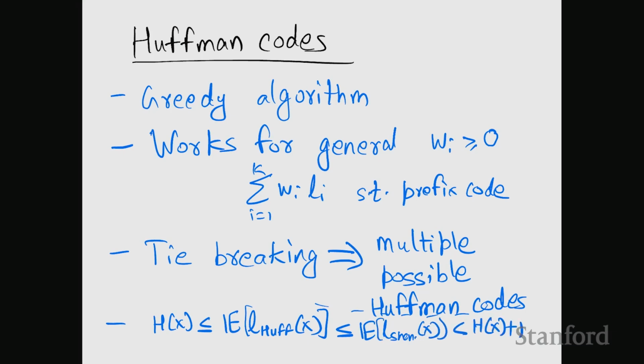So this is sort of the chain of inequalities. Huffman codes are somewhere between Shannon codes and entropy. For certain types of distributions, you can prove stronger results, but really this is what you have.